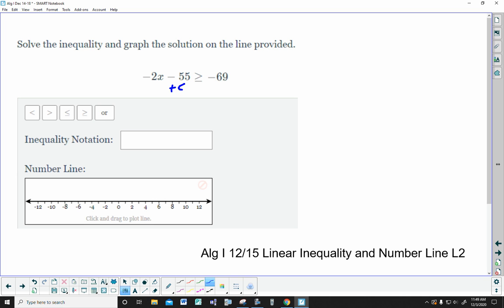So this one, we're going to have to turn it around because the coefficient on the x is negative. Negative 2x is greater than or equal to, so what would that be, negative 14? When you divide by this negative, the inequality is going to turn around. So type this in by choosing these things here.